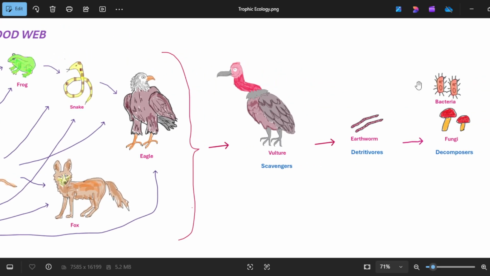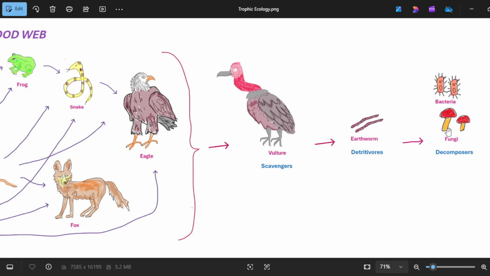And earthworms are the next set after the vulture feeds on the large chunks of meat. The earthworm digests the smaller chunks of dead meat or the waste of all these animals. They eat and digest that smaller organic matter inside the soil.